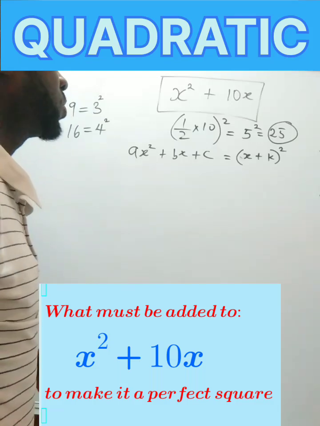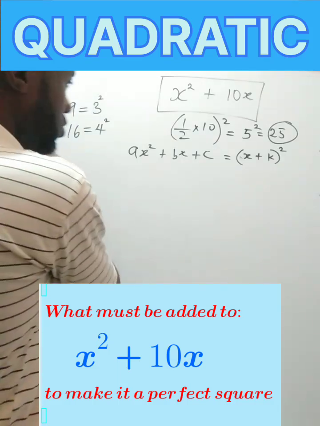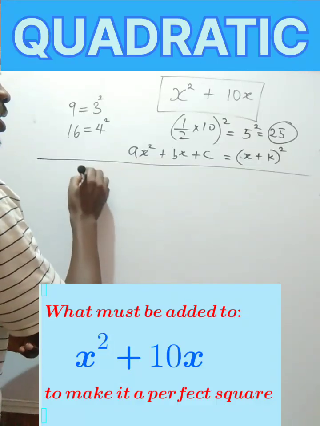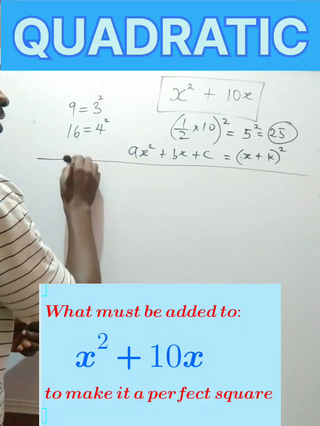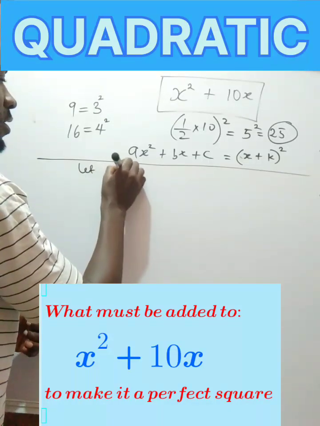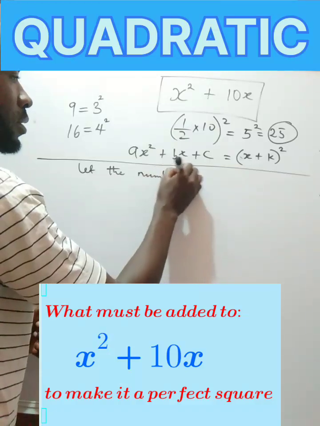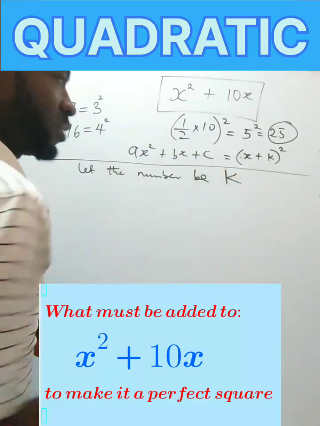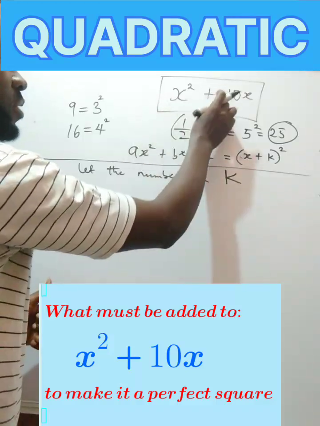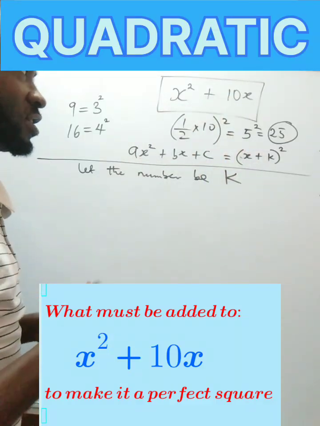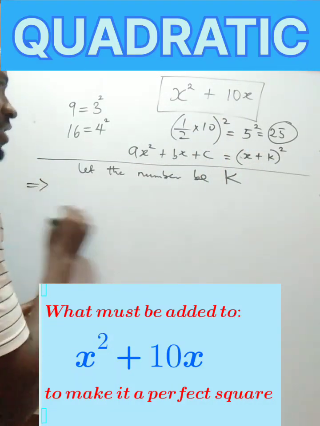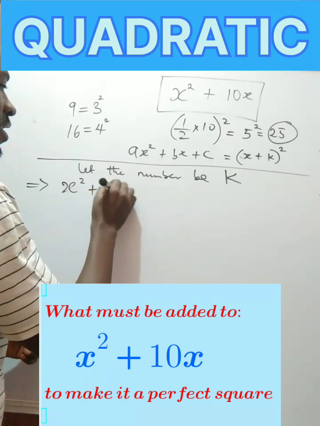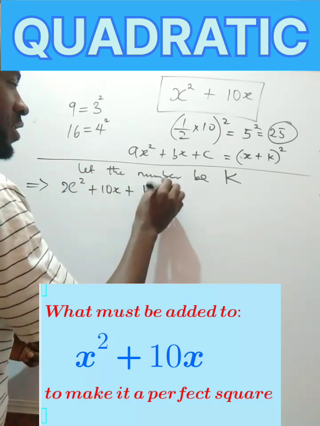Okay, so now let's go into the solution. We are given this expression. First of all, let the number that can be added to this be k, since I've already used k. This implies that this expression becomes x squared plus 10x plus k.